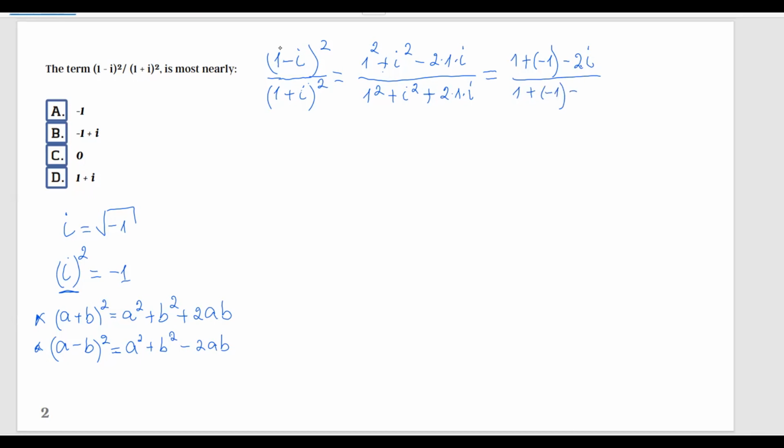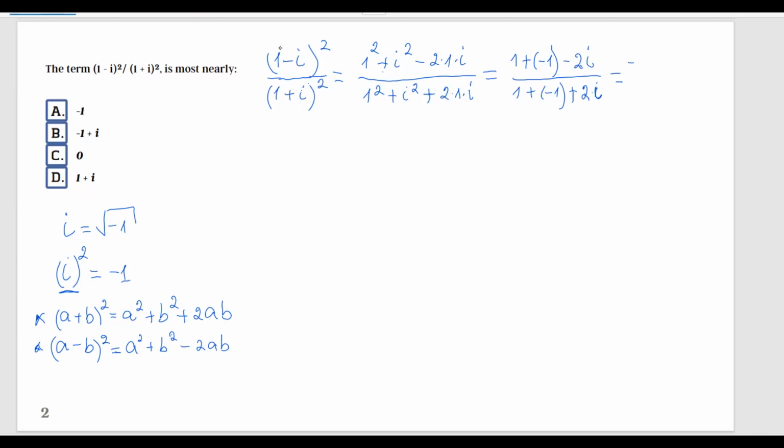And then plus 2 multiplied by 1 is 2, multiplied by i, 2i. Now the top has 1 plus minus 1, that's 1 minus 1, which is 0.